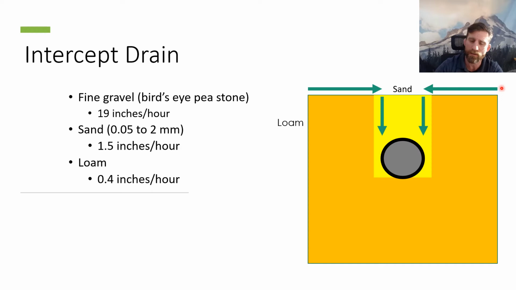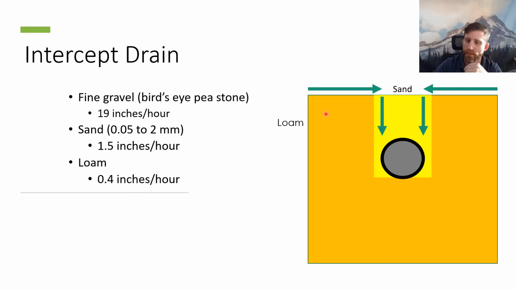And then as long as we've got a surface slope that can direct the water across the top of the loam soil and into the sand, it can then find its way into the drain tile and drain off the surface here.